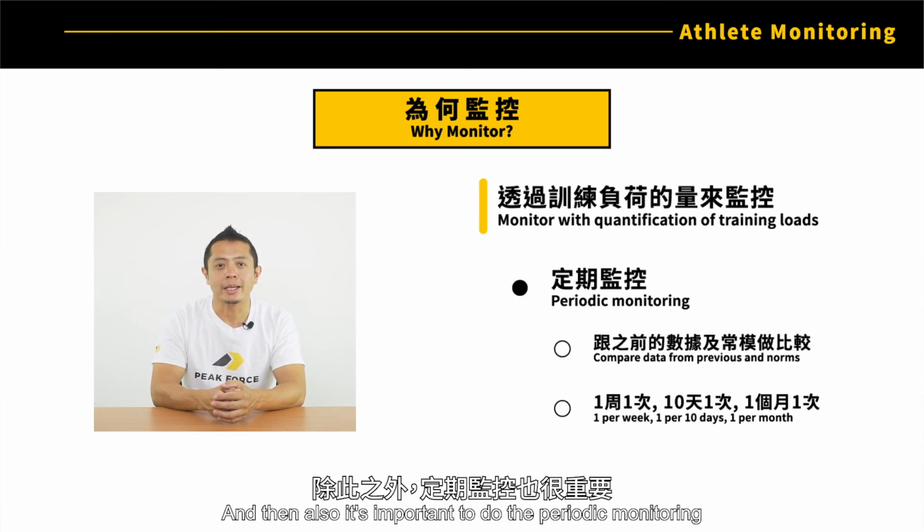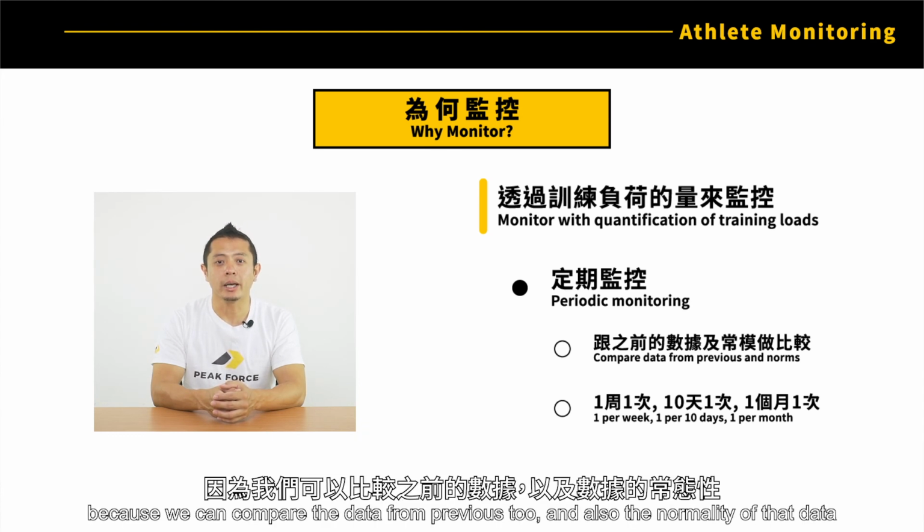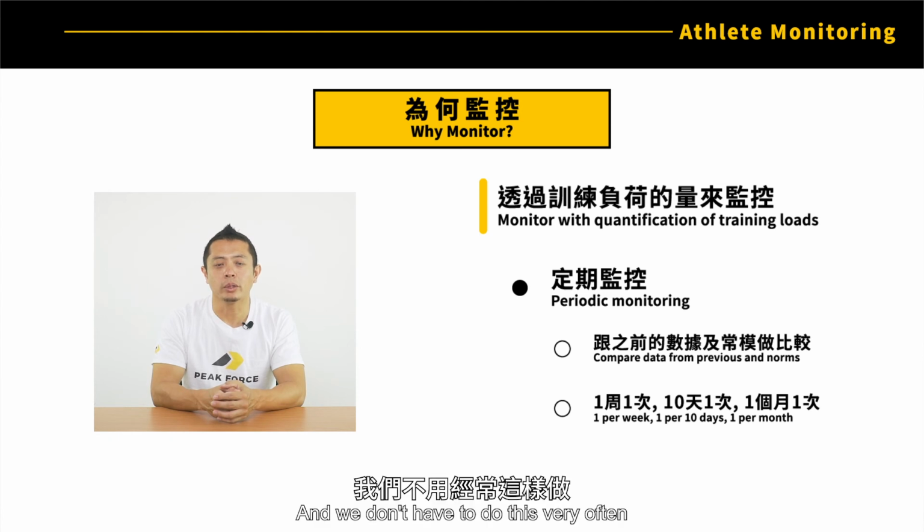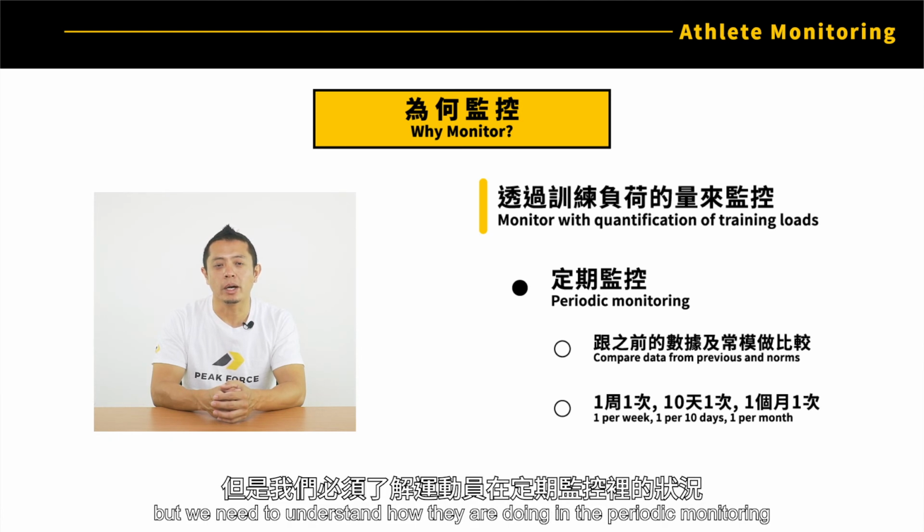And then also, it's important to do periodic monitoring because we can compare the data to previous data and also check the normality of that data. We can do the periodic monitoring once a week or once every 10 days or once a month. We don't have to do this very often, but we need to understand how they're doing in a periodic manner.